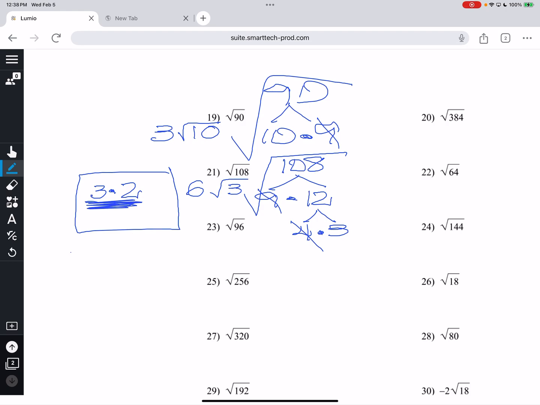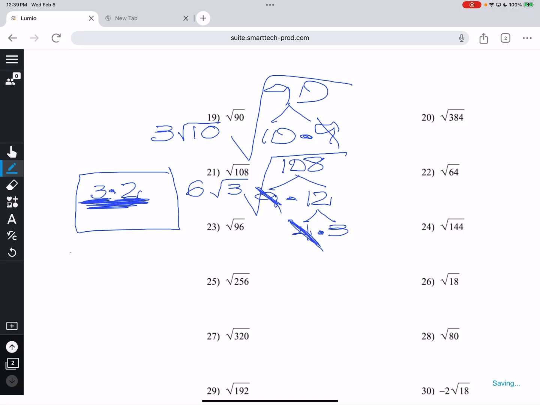Okay, so 108. When we were breaking that down, we agreed 9 and 12. Everything right now is underneath the radical sign. And 9 is a perfect square, so it breaks down to a 3 right here. 12, we can break down further into 4 and 3. 4 is a perfect square. It comes out as our 2.